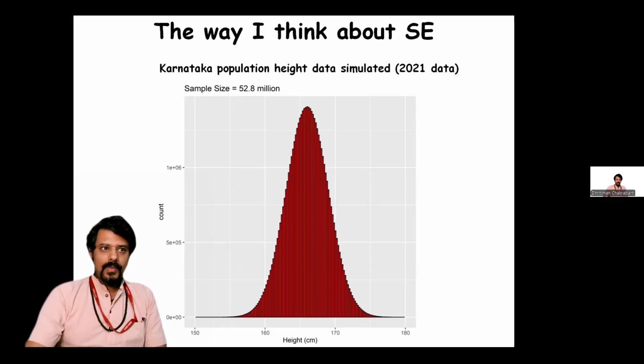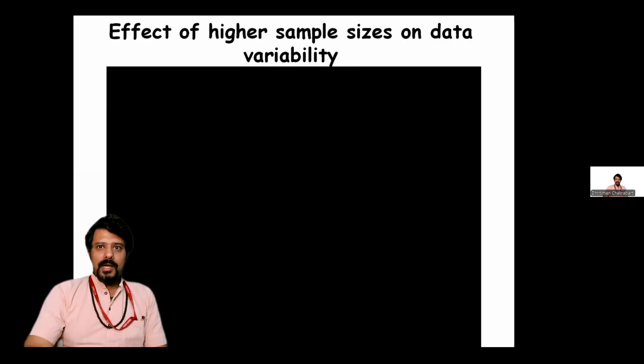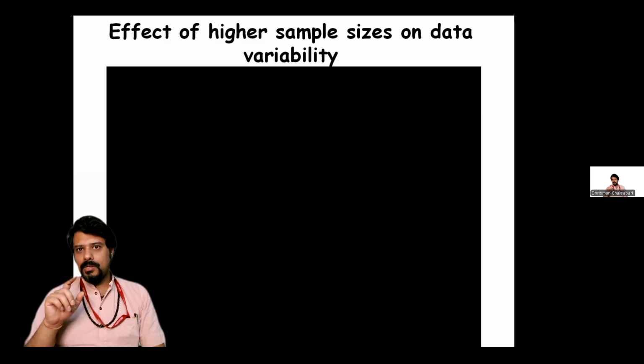After that, what I decided to do was to sample this population that I generated at various sample sizes, starting from a minimum sample size of 5 and going up to a sample size of 1,000.